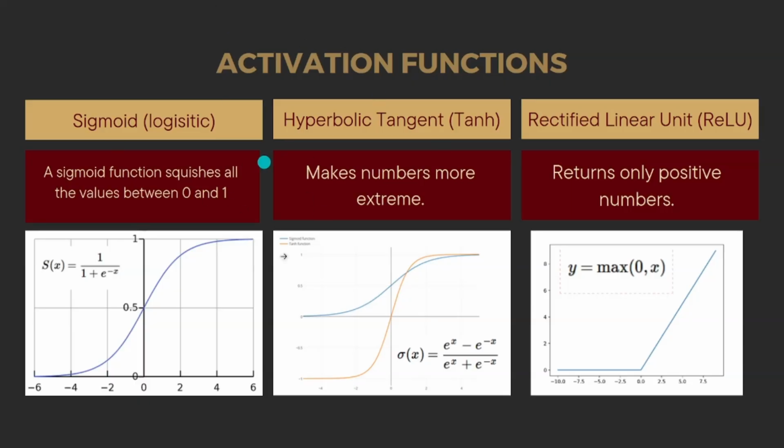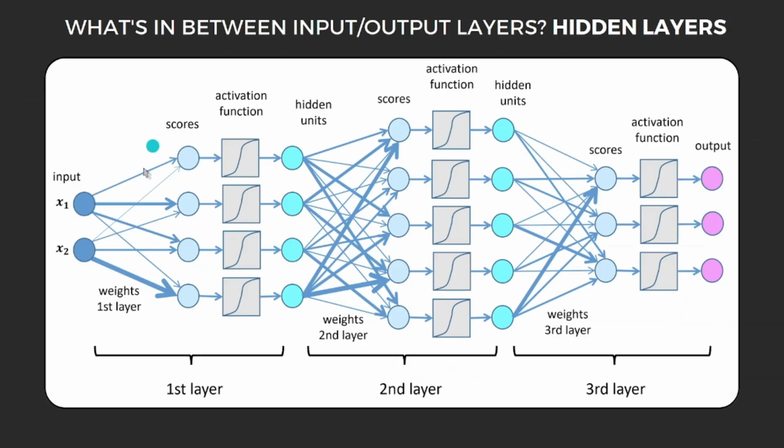These are a list of some activation functions we have. They all do different things, but the big difference is that before we had one equation, and now we have a much more complex process where each one of these is one linear regression equation that we throw into an activation function, and then we send it to the next layer.